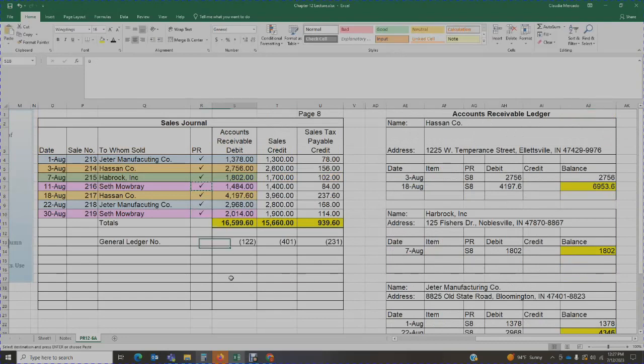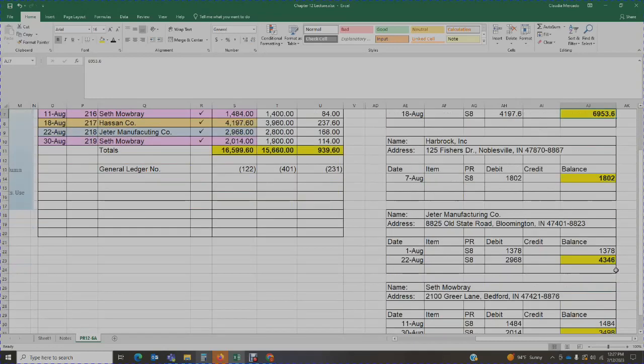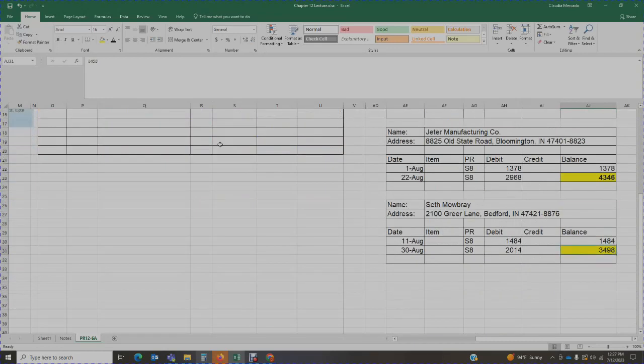That way I can annotate all of these have been posted individually to the different accounts receivable ledgers. So at the end we've got a record of how much we have to collect from each of these customers. I have to collect $6,953.60 from Hassan, $1,802 from Harbrock, $43.46 from Jeter, and $34.98 from Seth.